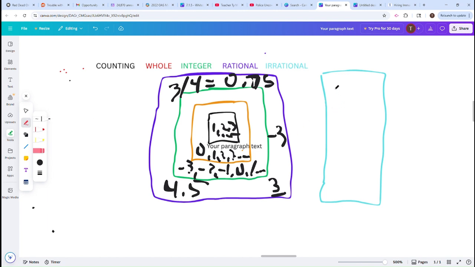The type of numbers that are in this box are numbers like pi and e and the square root of 2. These numbers are irrational. And if you think about it like in an uber sad scenario, you may have been called irrational.